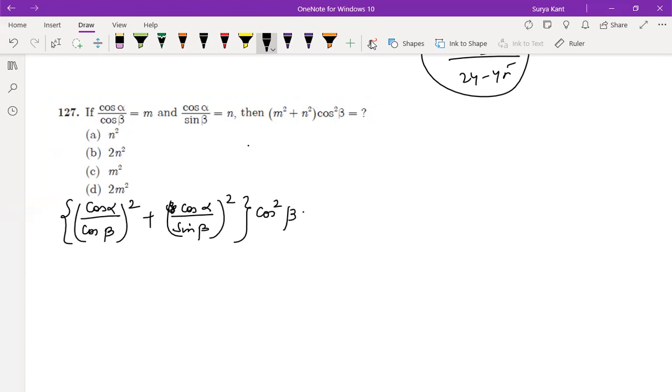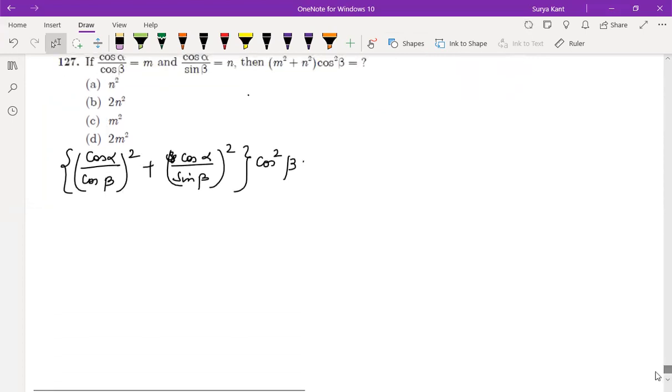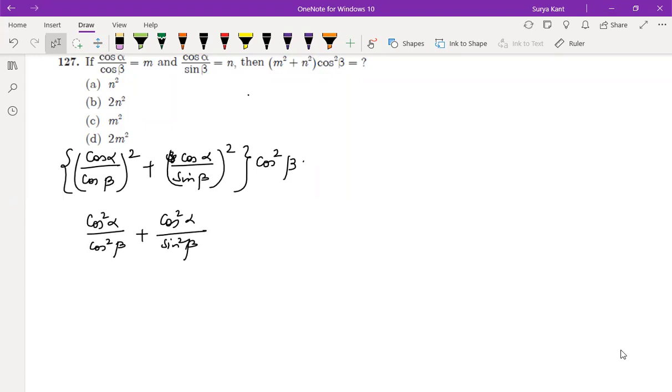This one you should find, right? So we can write here cos square alpha divided by cos square beta plus cos square alpha by sin square beta, cos square beta, right?